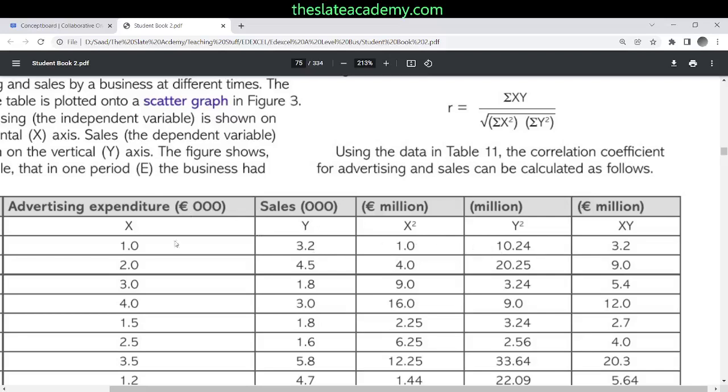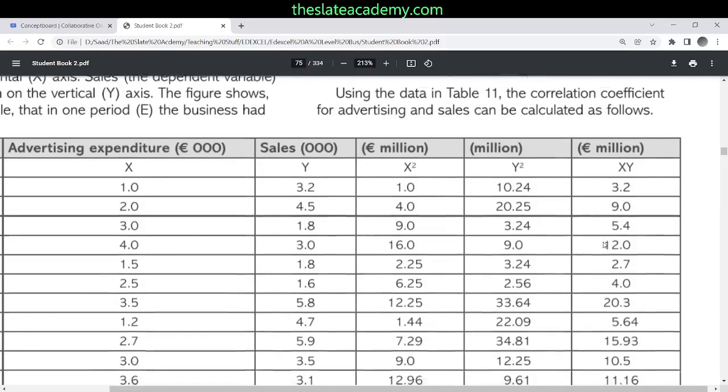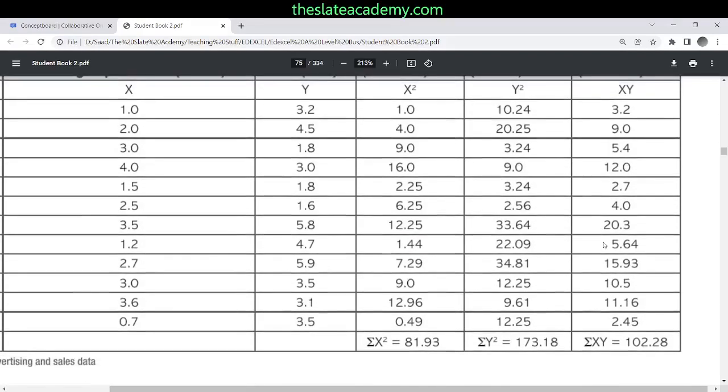And for each pair of x and y, I can calculate an xy. I do it for all the values of x and y I've got. Eventually I'll have sigma x squared, the sum of all x squareds, sigma y squared, the sum of all y squareds, and sigma xy, the sum of all xy.